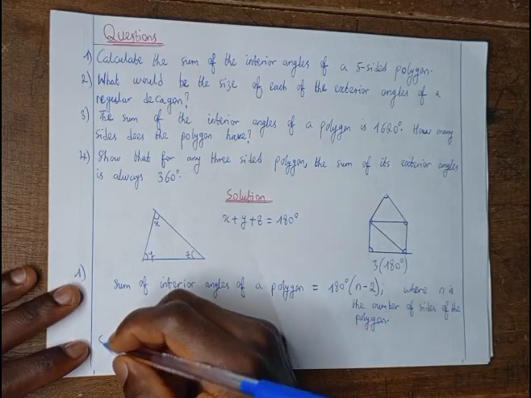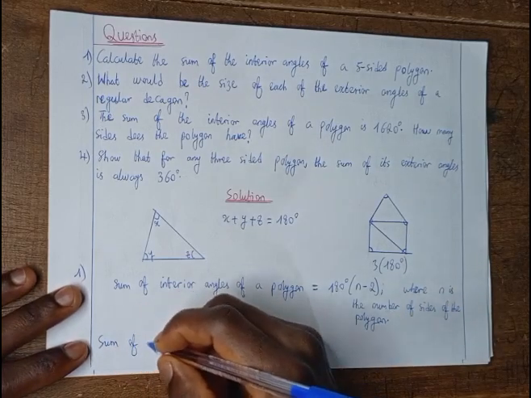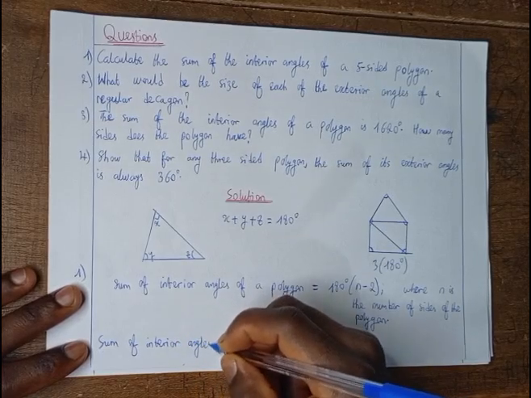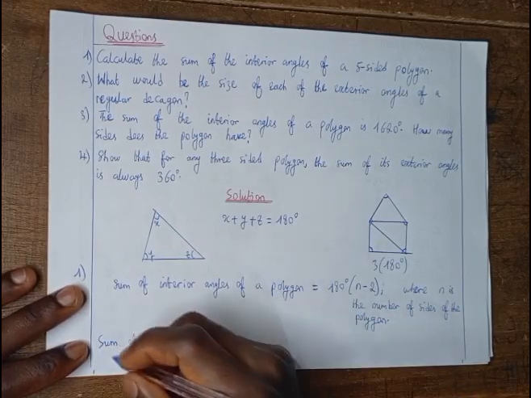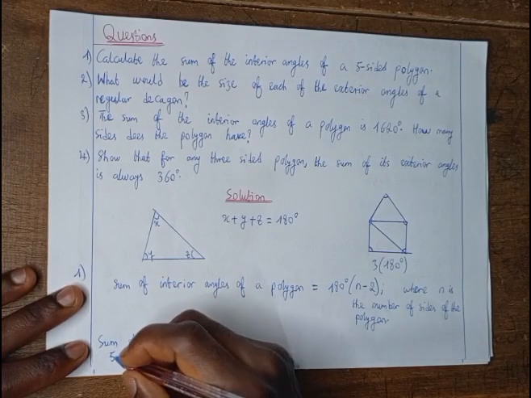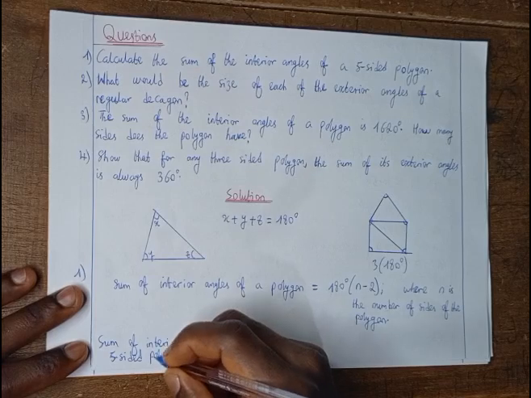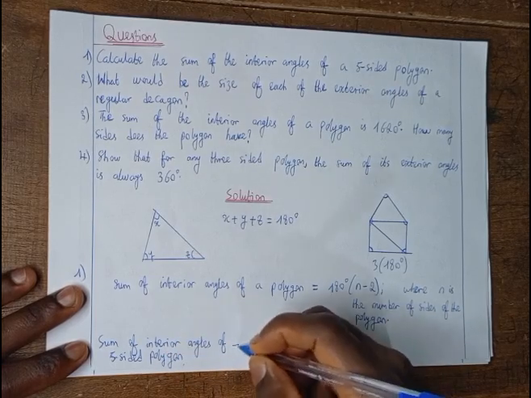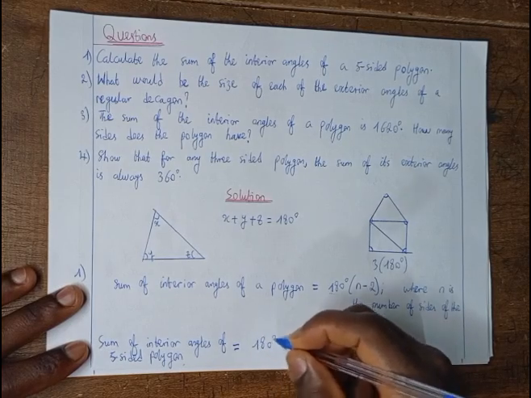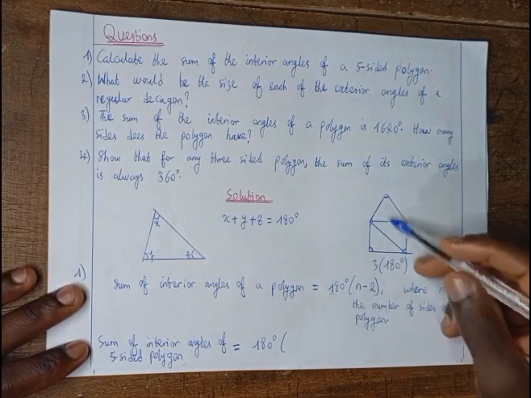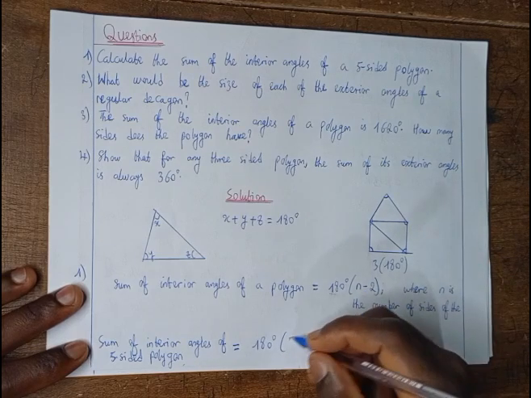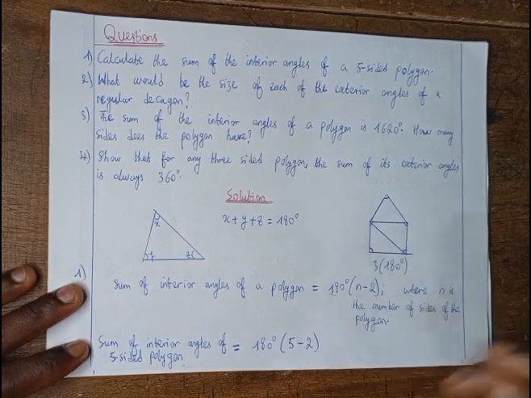The sum of interior angles of a 5-sided polygon is equal to, using this formula, 180 degrees times n minus 2, where we replace n with 5: 5 minus 2.